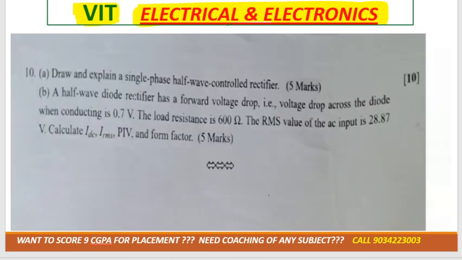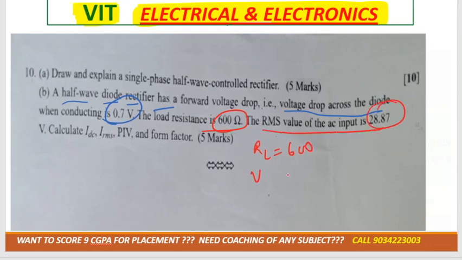See, in this question they said half wave diode rectifier. Voltage drop across the diode is 0.7 volt, load resistance RL is equal to 600 ohm. The RMS value of the input, Vrms, is equal to 28.87. So you need to calculate IDC.